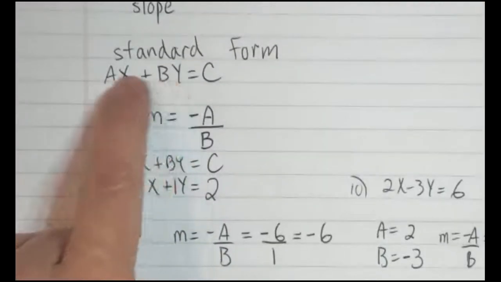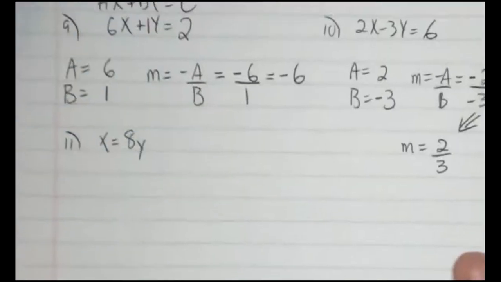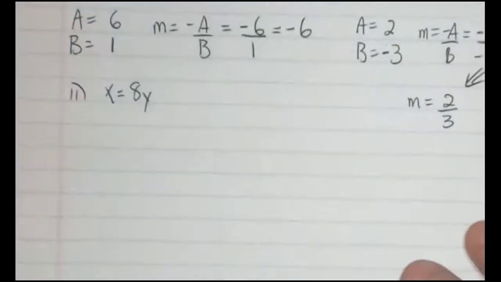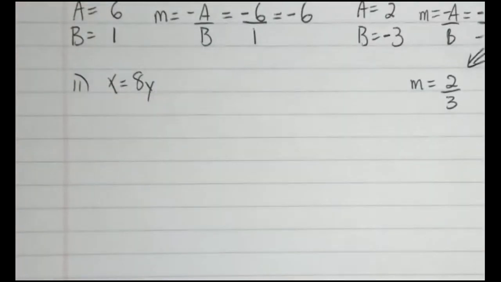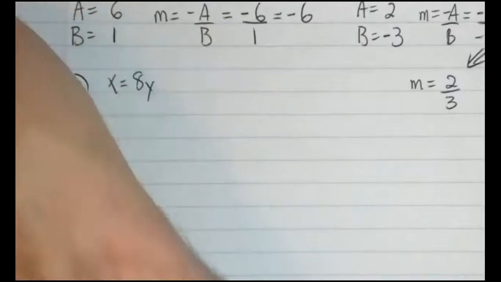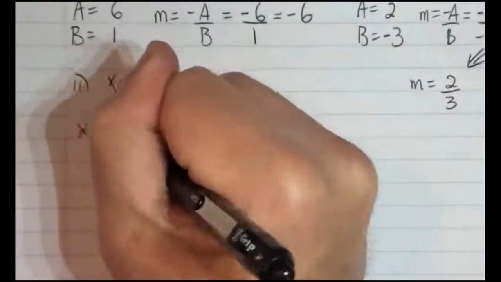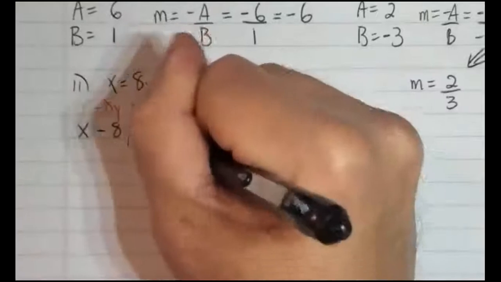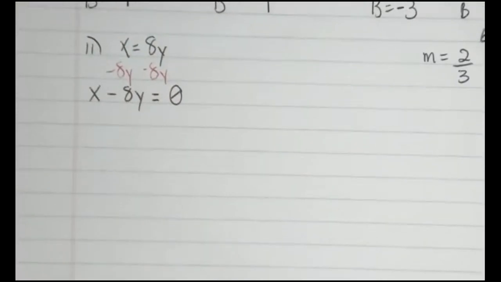It's not X and Y on both sides, or the Y is not by itself. So we could either get the Y by itself by dividing 8 to both sides, or in this case, I'd probably just subtract that 8Y over here, get it into what we call standard form. So we're going to have 8X minus 8Y equals 0. So it looks like this.